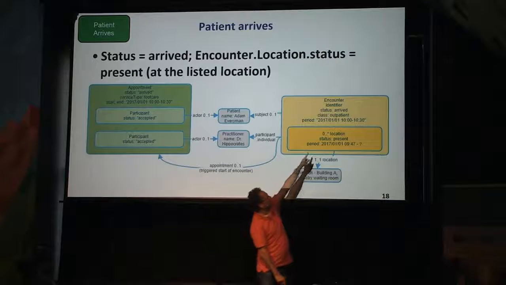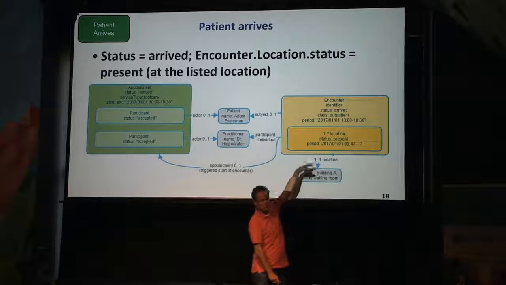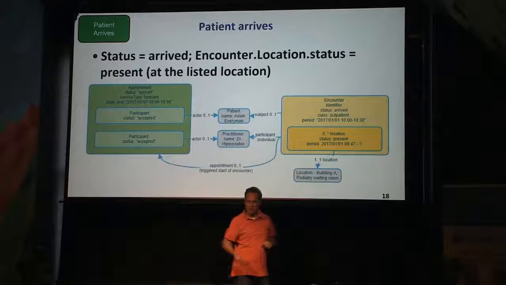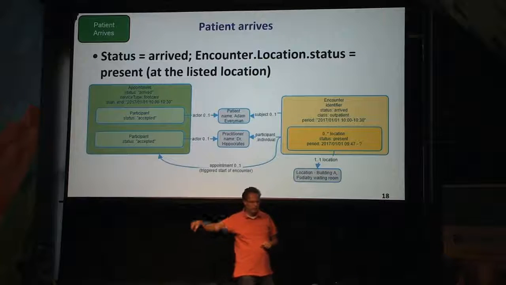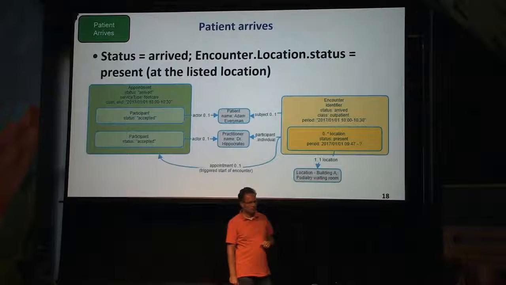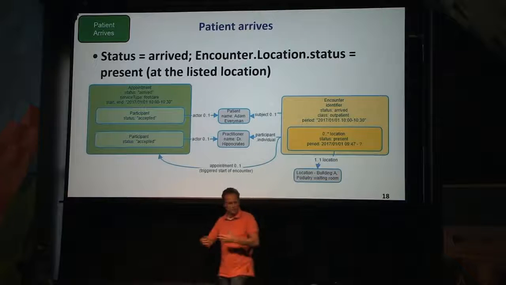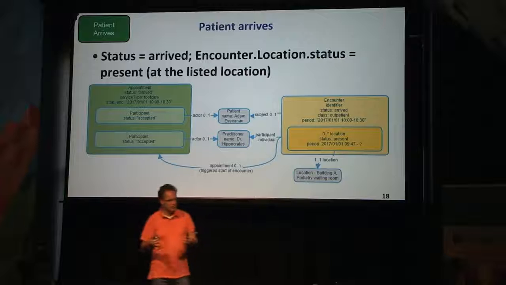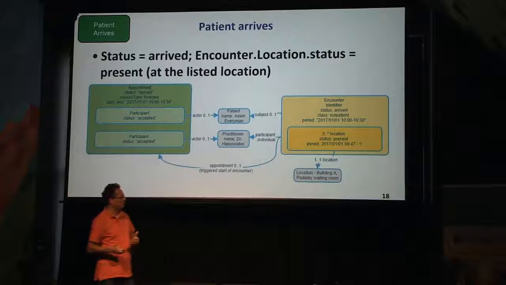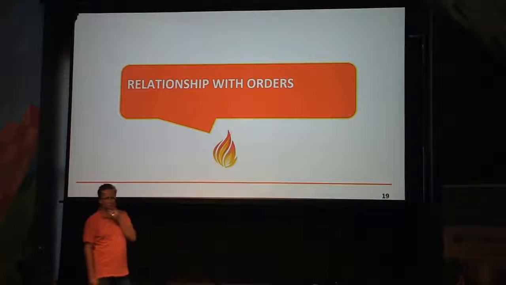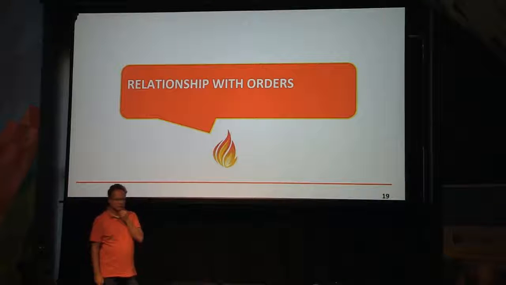That would be another location in here to show that he's now actually in the room with Dr. Hippocrates. But we can denote the fact that he has arrived, that he's waiting in the waiting room, and even where he's sitting maybe in the waiting room. All right?